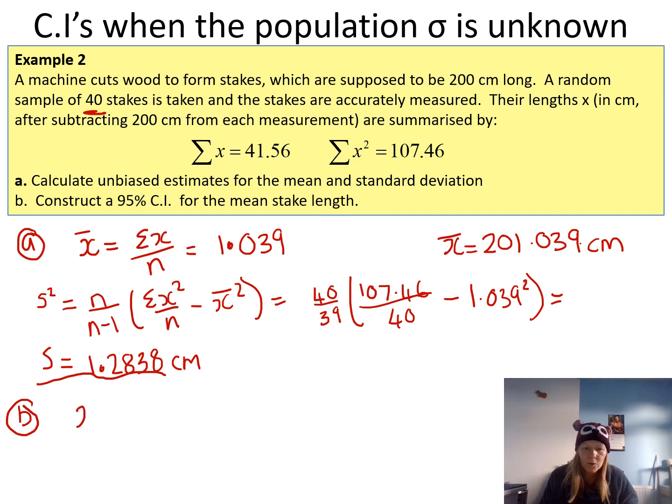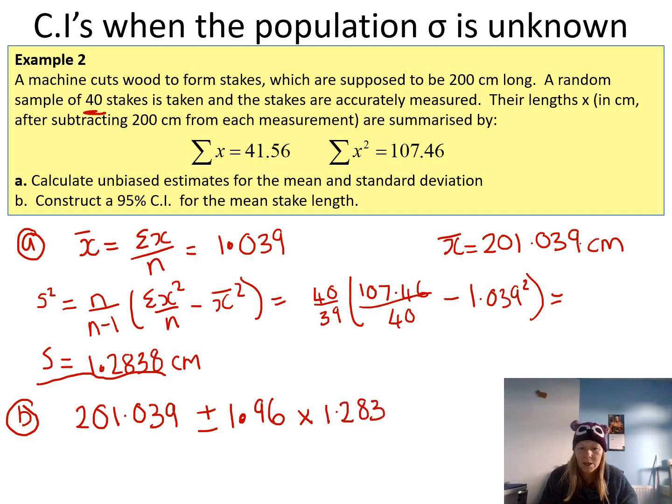So we've got 201.039 plus minus, we're doing a Z95, so you might remember that's 1.96 times s, which we've just found to be 1.2838 over root n. So you've got to write that sentence there. They want that in the exam. Then you can use your calculator if you want and get your confidence interval.